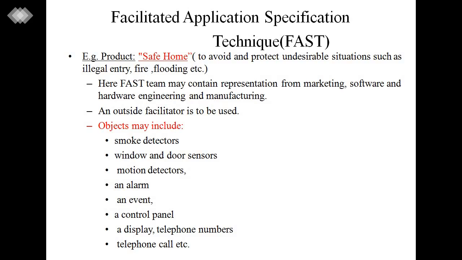In this, a team may contain representation from marketing, software and hardware engineers and manufacturers, and some outside facilitators. The objects to be used include a smoke detector, an alarm, an event, a control panel, window and door sensors, a display, a telephone number and telephone call, and many other objects.